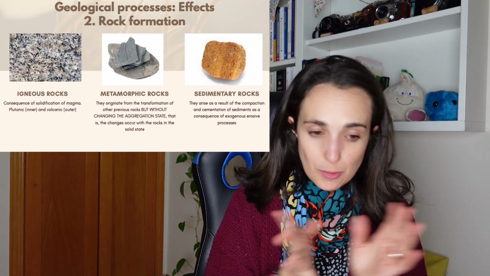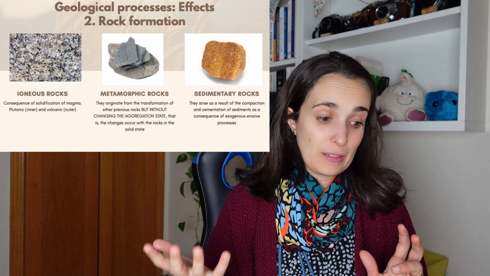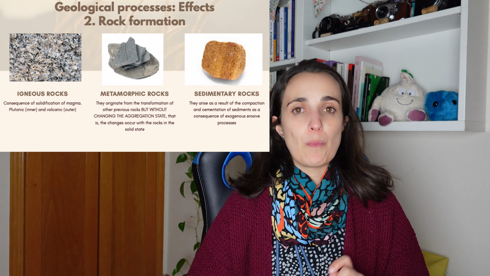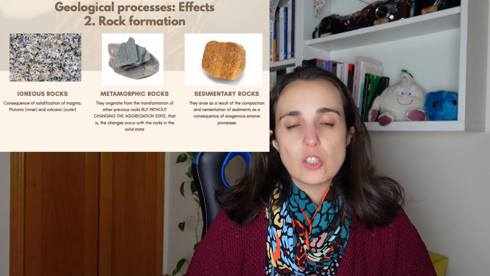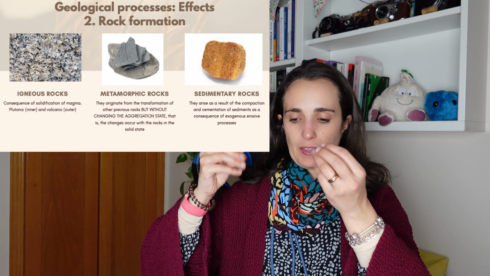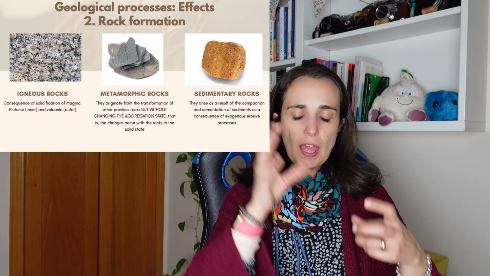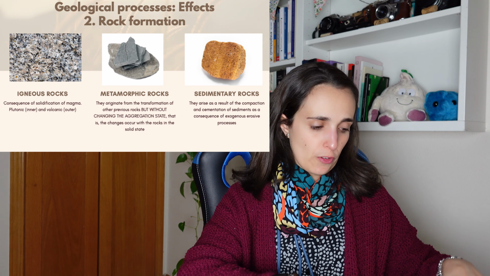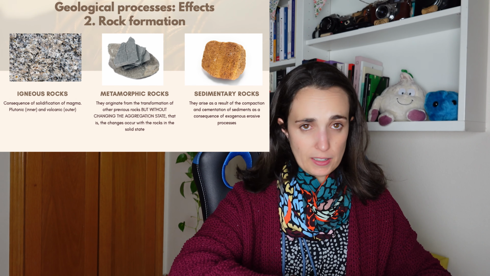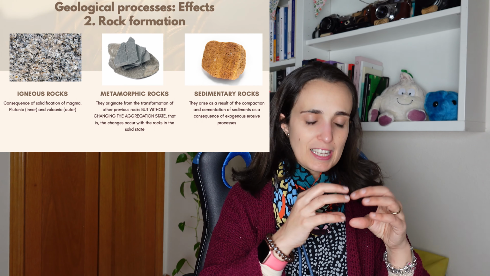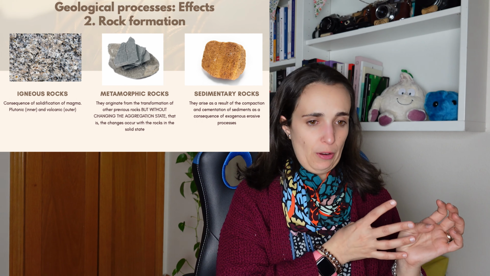Let's start with the sedimentary rocks, because as the name says, these are the rocks that are formed from sediments. So when a mountain is eroded, for instance, and the fragments of the rock are transported from the top of the mountain to the bottom, and they get sedimented at the bottom of the river when the river has no more energy to transport them and no more gravity affecting as well, those sediments will start compacting over there.